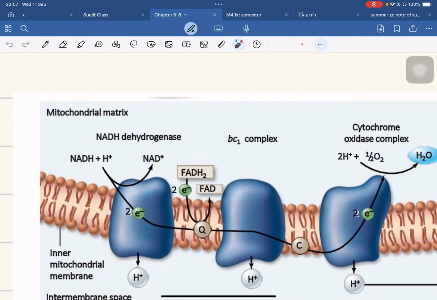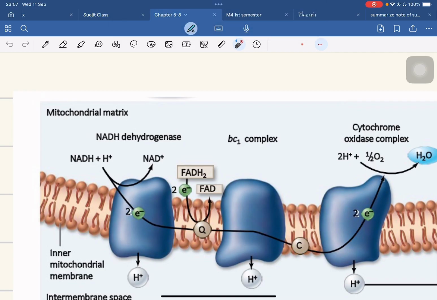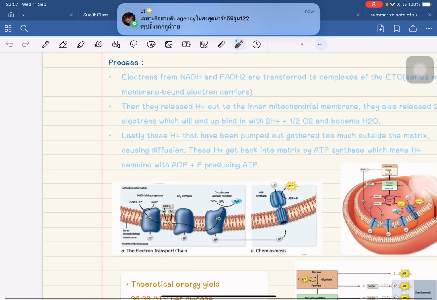Those electrons gather together for the next steps.